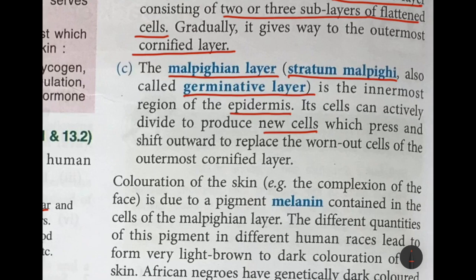So it is in the stratum malpighi that cell division takes place, which keeps on pressing and shifting outwards to replace the worn out cells of the outermost cornified layer.